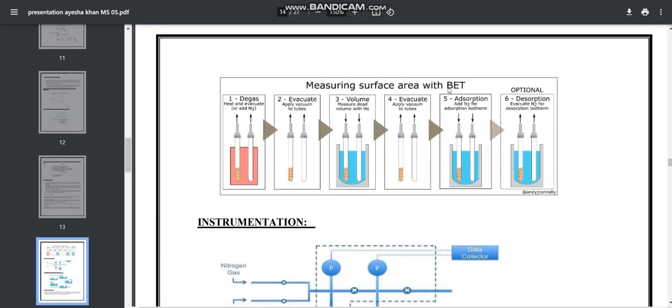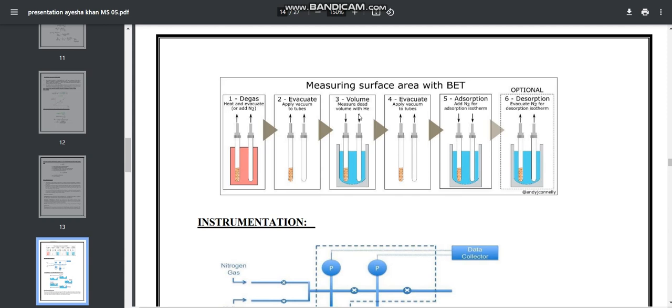This is a simple instrumentation of BET. In the first step, there is a degasser which ensures that no other gas is present in the chamber that could interfere with the process of adsorption. After degassing, we evacuate the chamber, which makes sure that the chamber is free from any type of impurities. The next step is volume measurement.